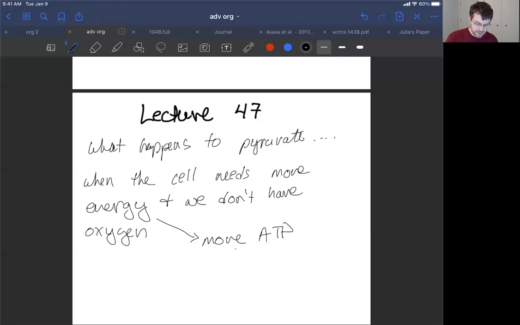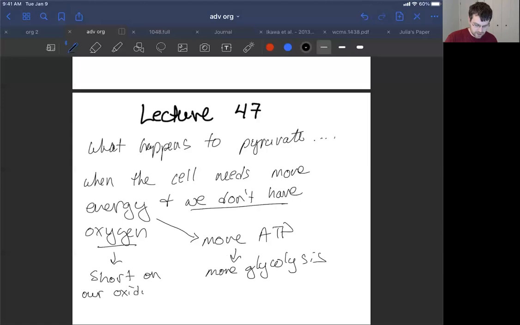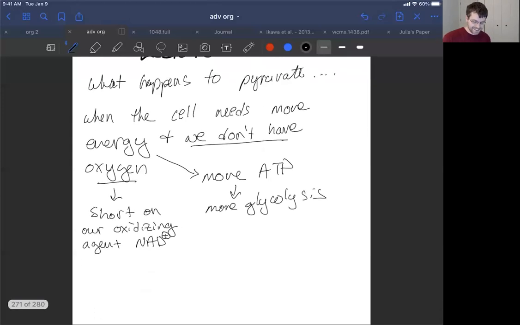And more ATP means more glycolysis. Now if we don't have oxygen, then we're short on our oxidizing agent, NAD+, okay? So with that, we have to keep those things in mind.